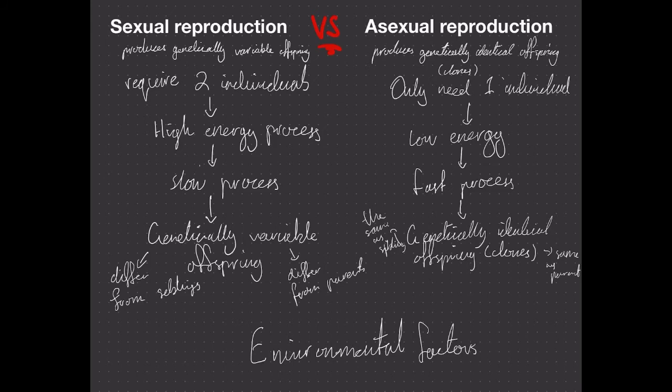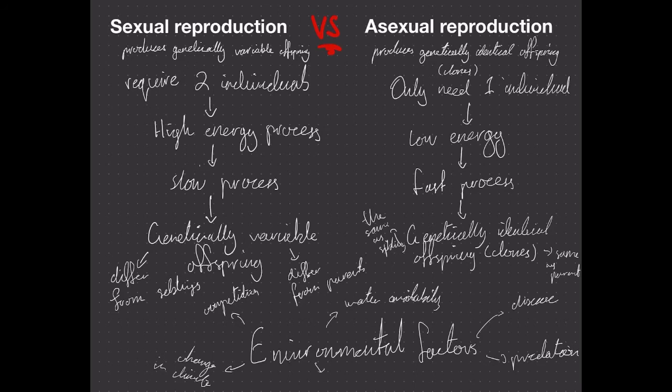Now, some of the particular ones we discuss often at risk of asexual reproduction can be disease, predation, competition, change in climate, water availability, and food.